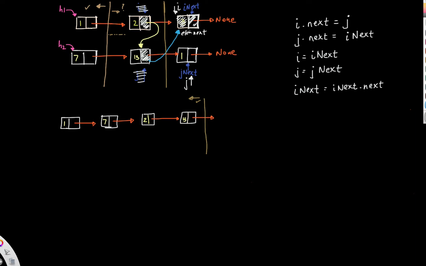So I'm saying i.next.next, and then finally I'm going to say j.next equals j.next.next. So what has happened here is that j.next, which was originally pointing at this node with the element 1, is now pointing at None, and i.next is now pointing in this picture at None.